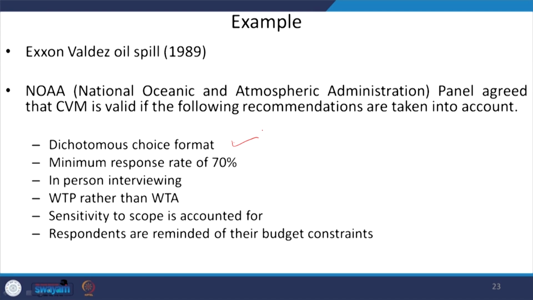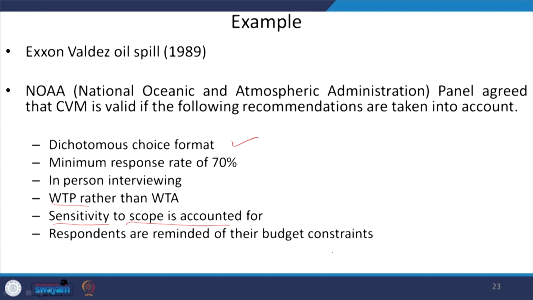Another thing is the mechanism: we should be interested in willingness to pay for an environmental attribute instead of willingness to accept. Another recommendation is that we need to go for sensitivity to scope for this particular study. We need to find which are the very sensitive factors, so that we can go for the sensitivity analysis.